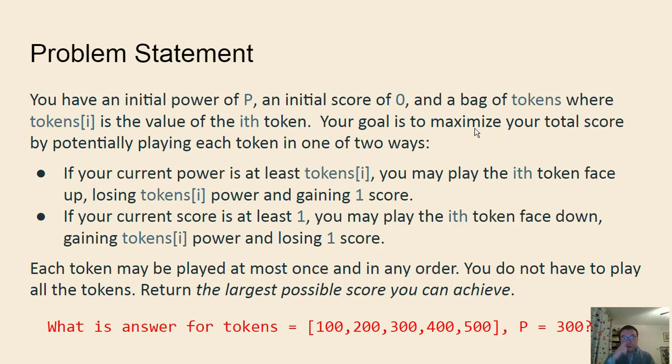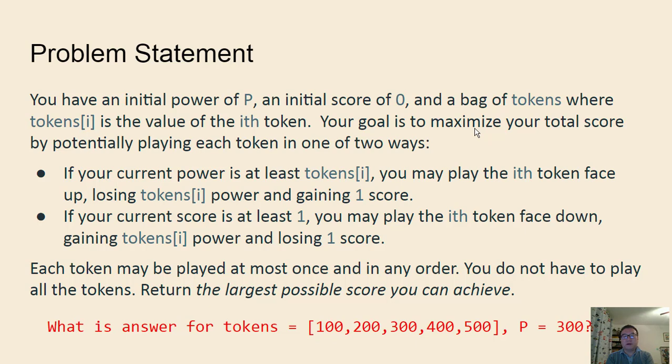At this point, we cannot make the first kind of play. We have to play tokens face down. So which one do we pick? It should be pretty obvious that we should pick the 500 one. Well, in this case it actually doesn't matter that much. But intuitively, we are losing 1 point, but we are gaining some power that we can use to play other tokens, so we might as well gain the maximum power possible.